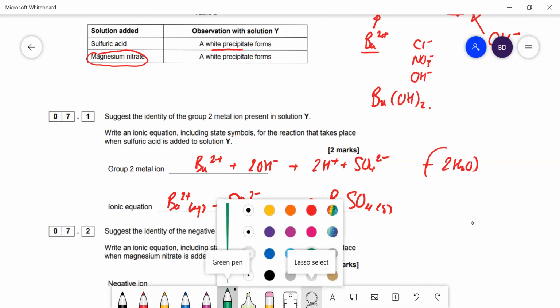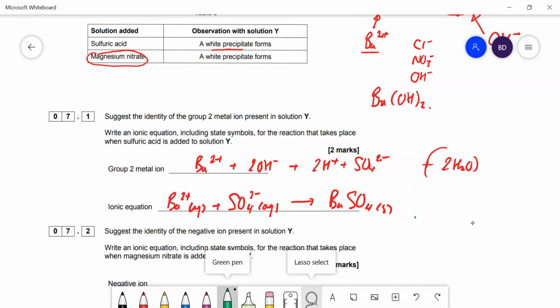Actually, probably no, because they're not spectator ions here, are they? Because the OH- and H+ do actually react. So I'd write the top one. So I'll change that. We want Ba2+ aqueous, 2OH- aqueous, 2H+ aqueous, sulfate aqueous, goes to barium sulfate solid and 2H2O liquid.